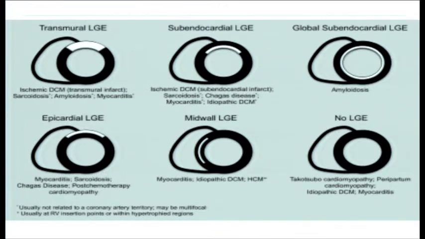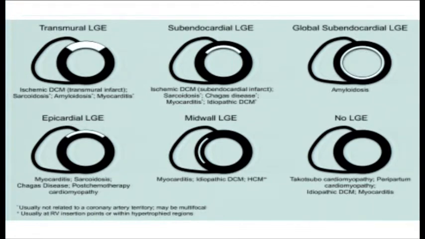Subendocardial LGE you can get in subendocardial infarct in ischemic dilated cardiomyopathy, in addition to other conditions like sarcoidosis or myocarditis. Global subendocardial late gadolinium enhancement you can get in amyloidosis.